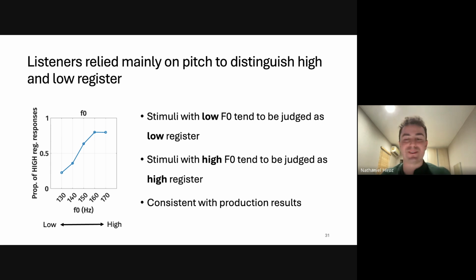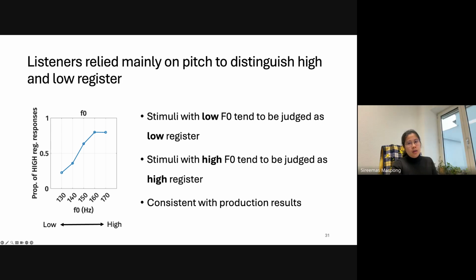Then I will ask another question regarding vowel qualities. You said that there were differences only for some vowels, right? Do you have something more to say about which vowels were showing differences? Yeah, we didn't put it on the slides because we didn't have enough time to present everything. But we mostly use the data of the non-high vowels. The vowel system of Mon is very complex.